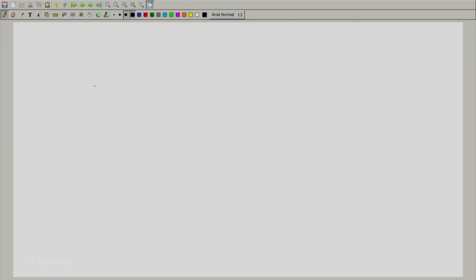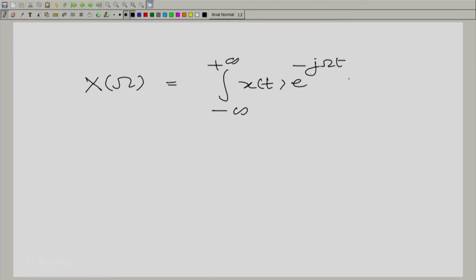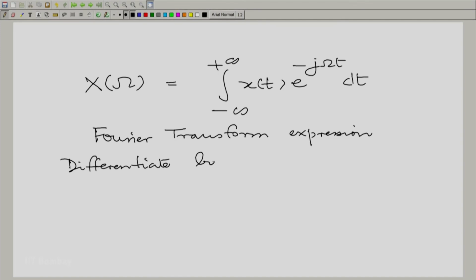So, we write down X(omega) is equal to the integral from minus infinity to plus infinity of x(t) e raised to the power minus j omega t dt. This is the Fourier transform expression, and we differentiate both sides with respect to omega rather, the variable.